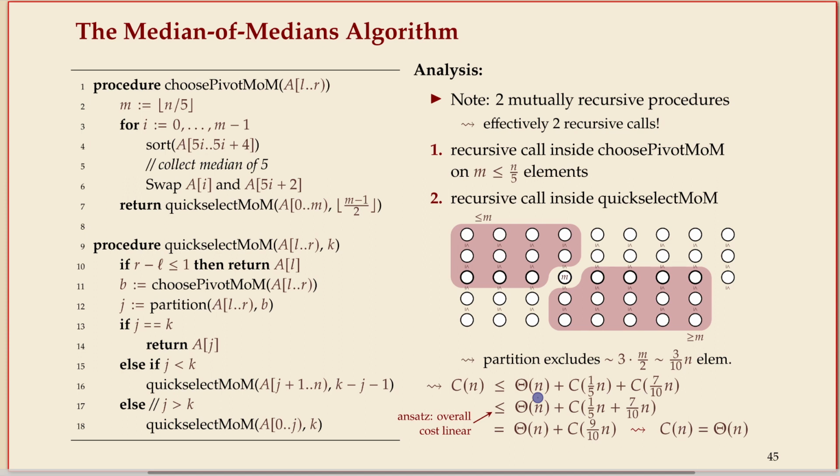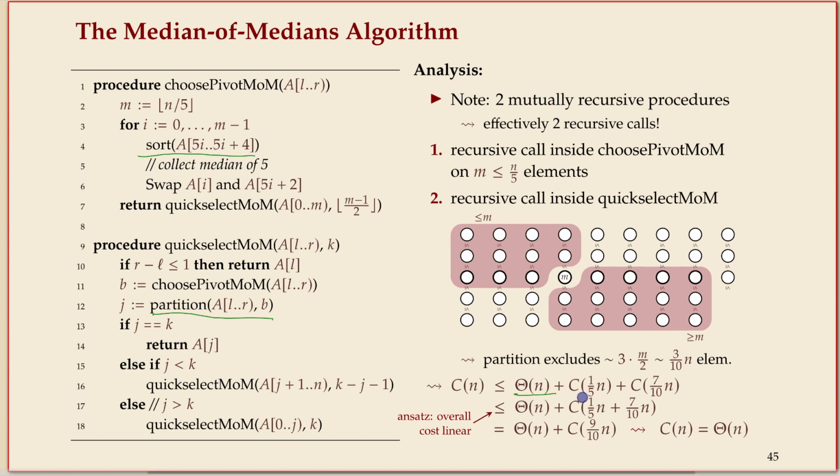We're doing something closer to quick sort. So this part comes from the partition call. And from these parts, so we're sorting little parts of 5 elements each, but we're doing this for the entire array. That gives us some linear cost.